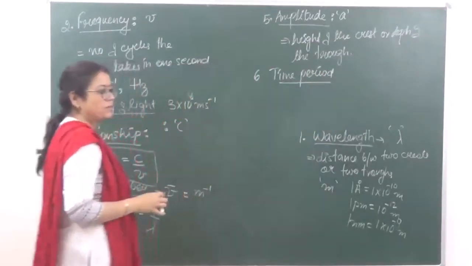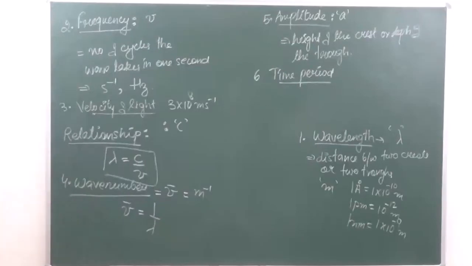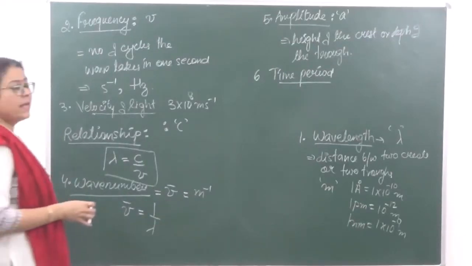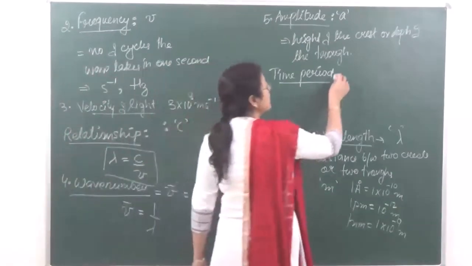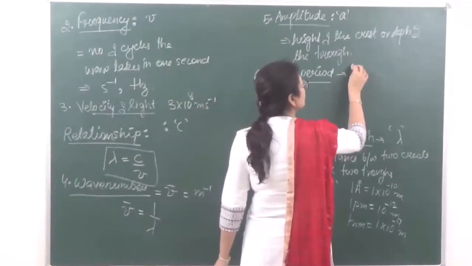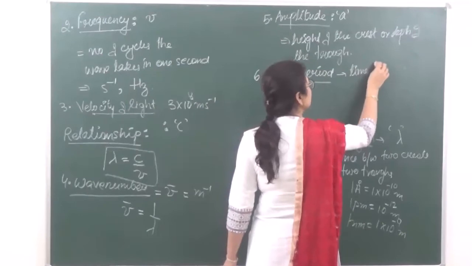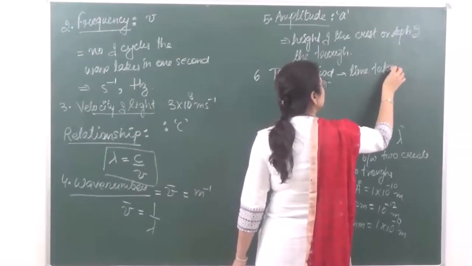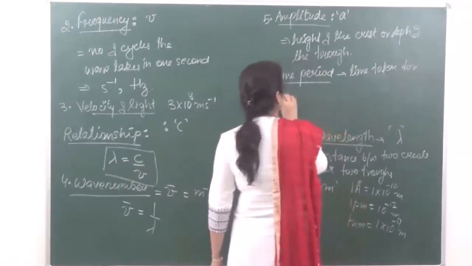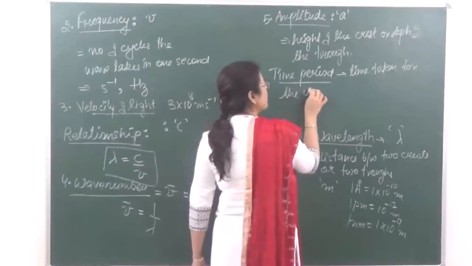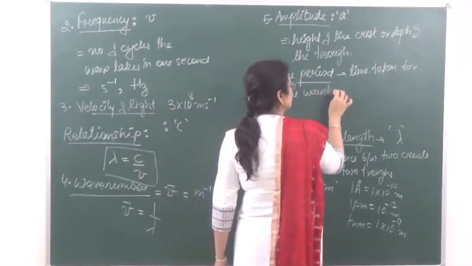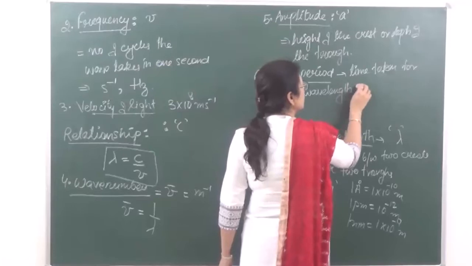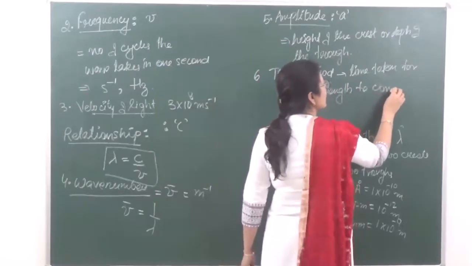Time period. Time period is denoted by T, and it is the time taken for the cycle to complete, time taken for the wavelength to complete one cycle.